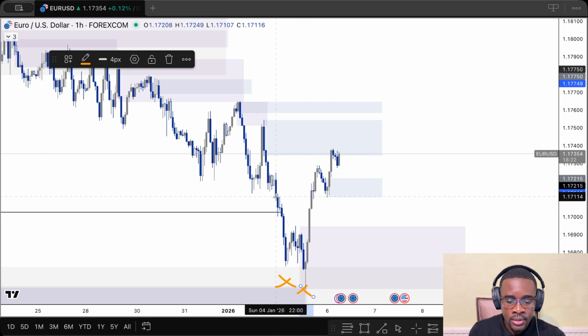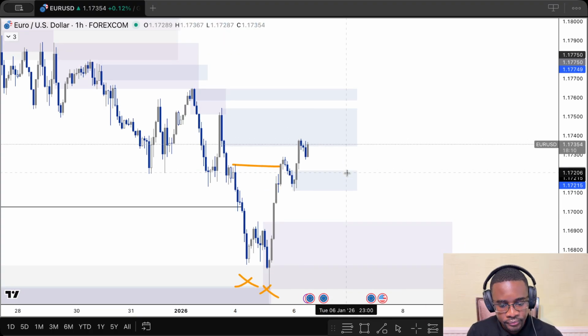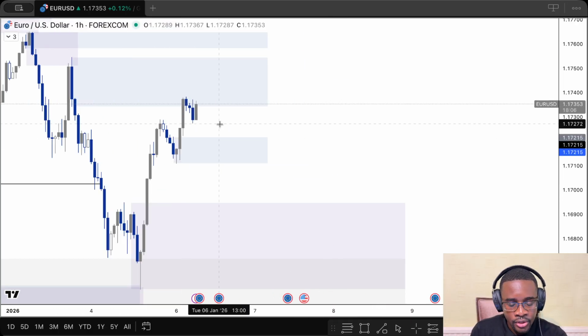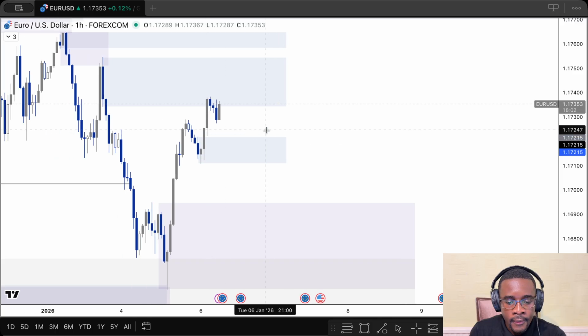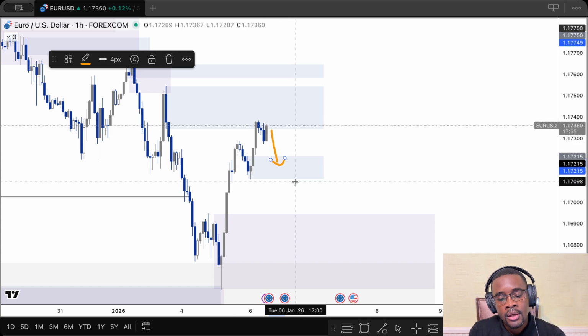We started to see supply areas fail. So this supply area failed. Now we are in this supply area where we've had a bit of a reaction. It's not a strong reaction, it's a very small reaction. So expectation now is either I was expecting price to come down, mitigate this 1 hour POI.